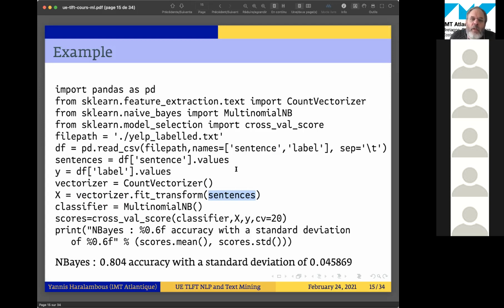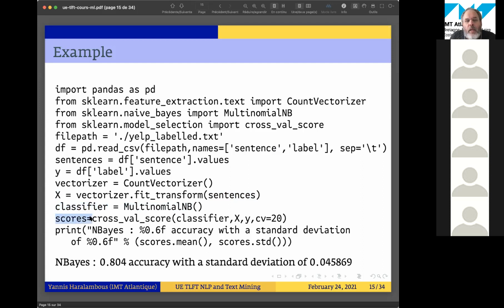And of course, here there are many options which we don't have time to explore, but there are many ways to do this by omitting stop words, by ignoring lowercase, uppercase, and so on. So here I have my bag of words for all sentences. And here I instantiate a multinomial naive Bayes classifier.